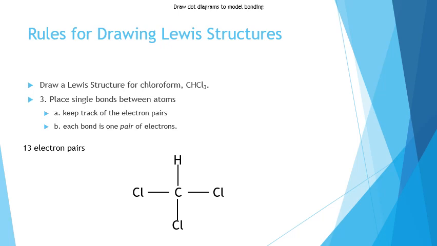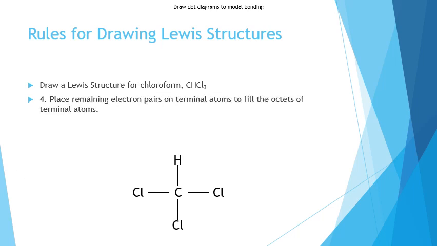So I put in 4 bonds, and recall each line represents a shared pair of electrons. I just used 4 of my 13 electron pairs, so I'm going to subtract that from my 13. So I have 13 electron pairs minus the 4 bonding pairs I just put in. I now have 9 pairs remaining. So I have 9 pairs left to go on my Lewis structure.